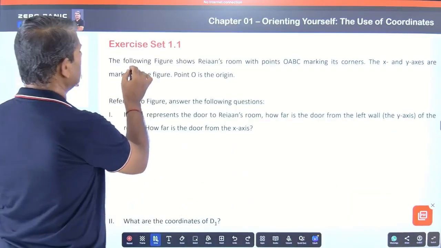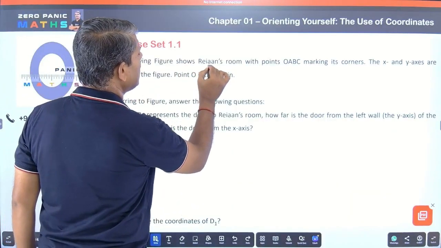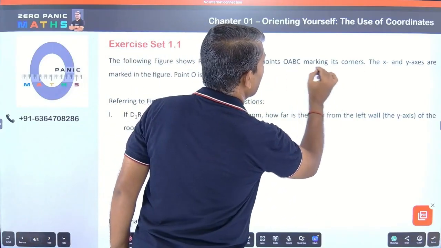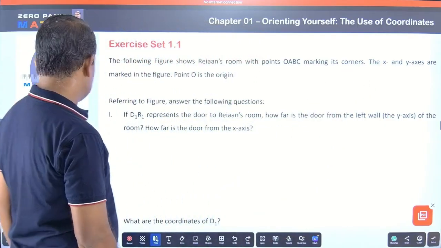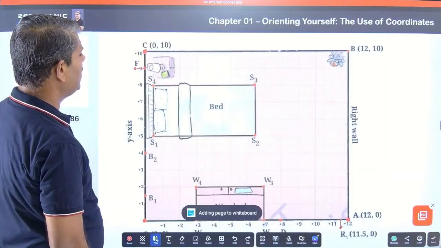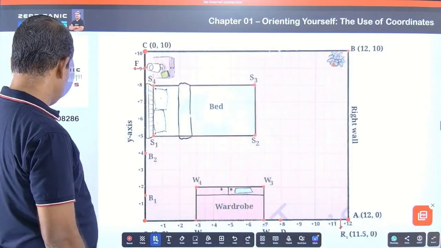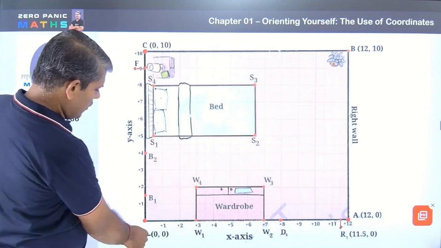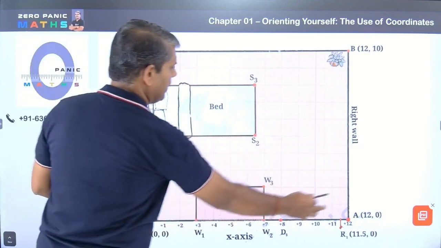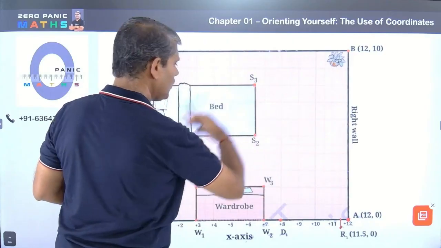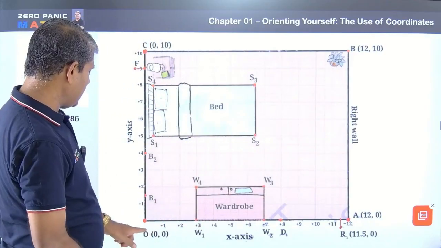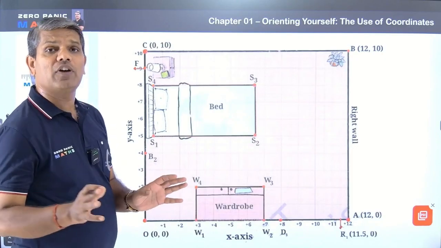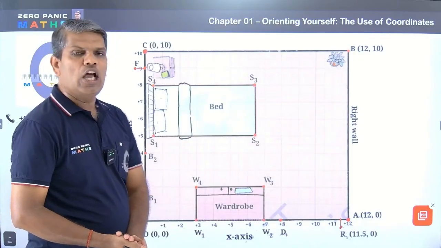It says the following figure shows Rian's room with points O, A, B, C marking its corners. So there is a figure given here. Let me take that figure in the next one. You can see there is a figure given for the room, and it can be considered with the help of a two-dimensional coordinate system.